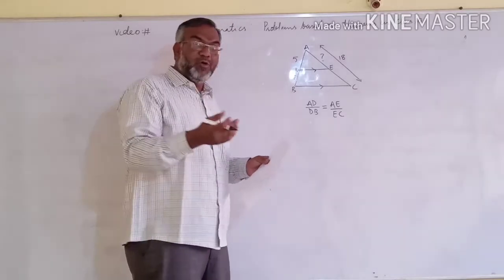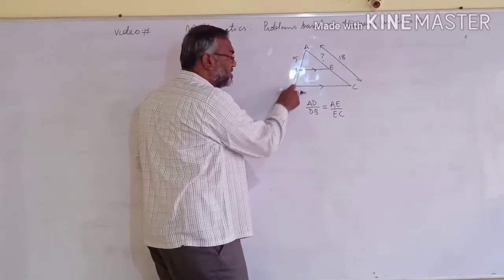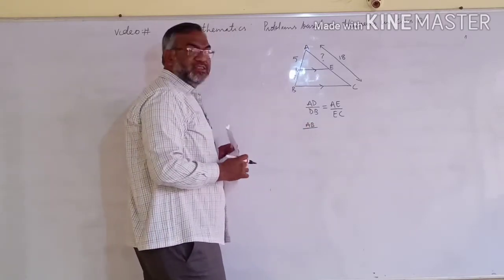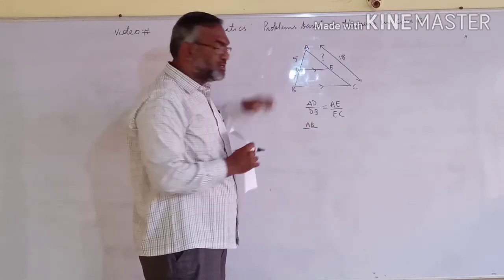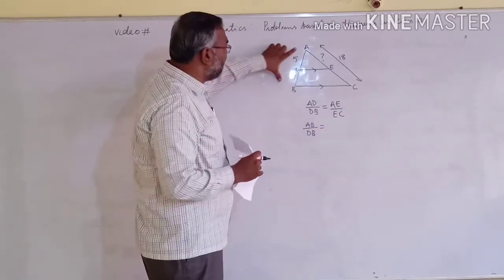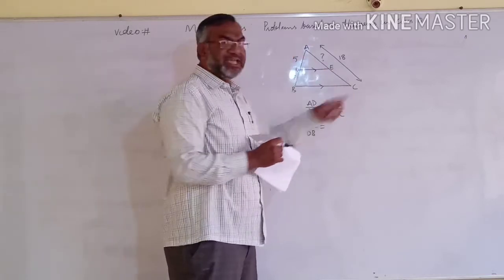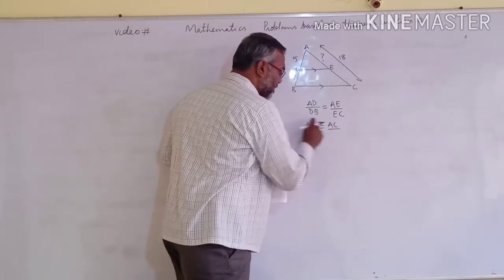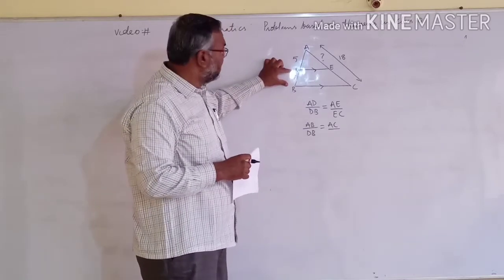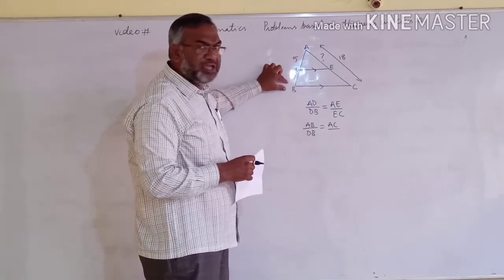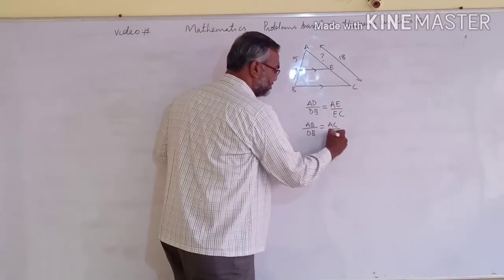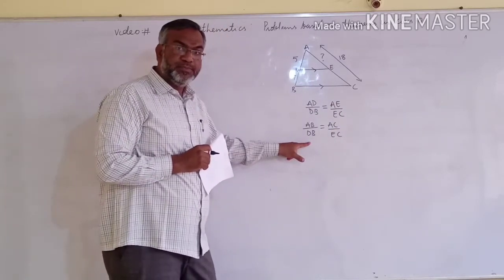We wrote some more results. You can take the full length AB with the lower part DB, so on this side I take AC with the lower part EC.